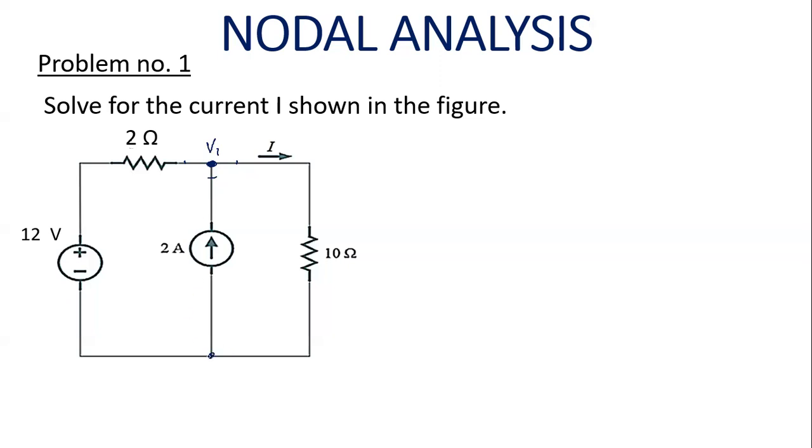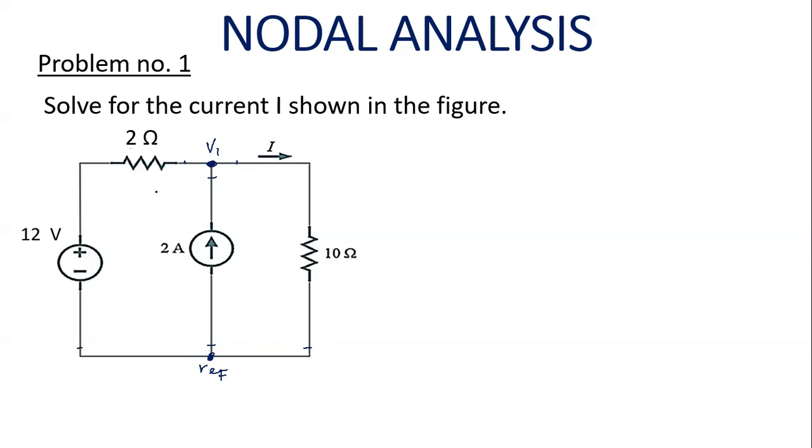And we also have this node at the bottom, wherein there are at least 3 branches connected to it. So this node we call the reference node. So how many non-reference nodes are there? There is only 1. Meaning we have only 1 equation to be written.